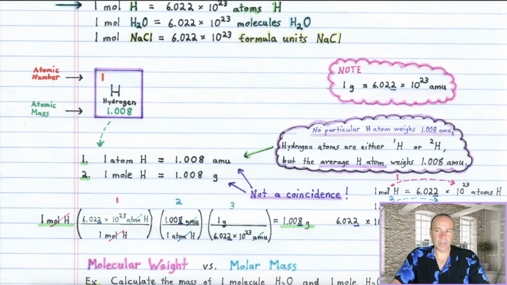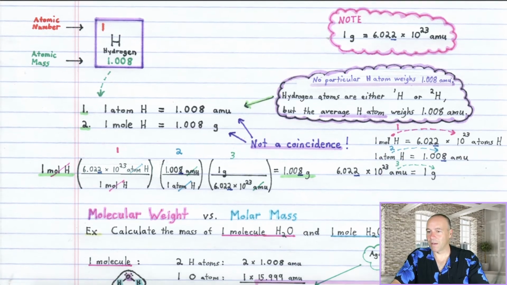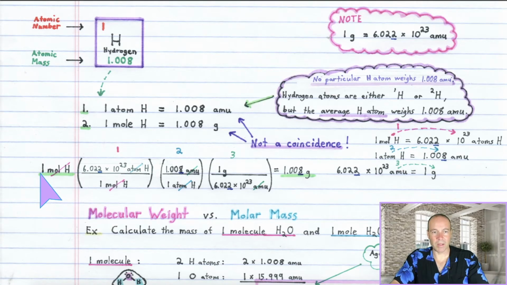So this is how we figure out how heavy a mole is right here, doing the calculation. We take 1 mole of hydrogen, and using the first relation, we convert moles to atoms. And the mole units cancel. And then using the second relation, we convert atoms to atomic mass units, and the atom units cancel.